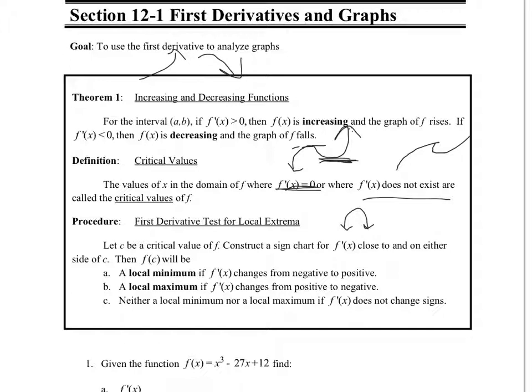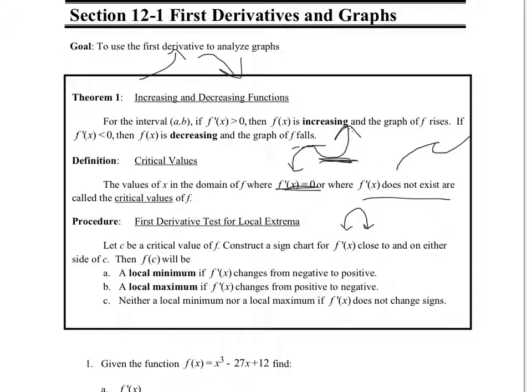Once we find our derivative and we set it equal to 0, and that gives us a value that we know is a critical value, we're going to run what's called a sign analysis. We're going to look at what kind of values I would get if I use x values to the left of this.